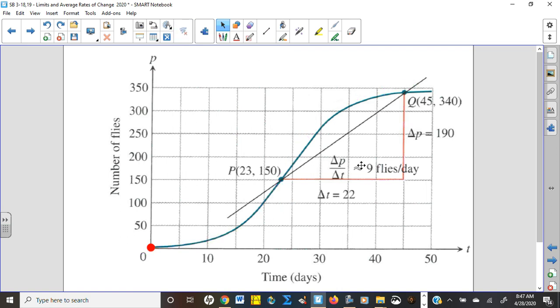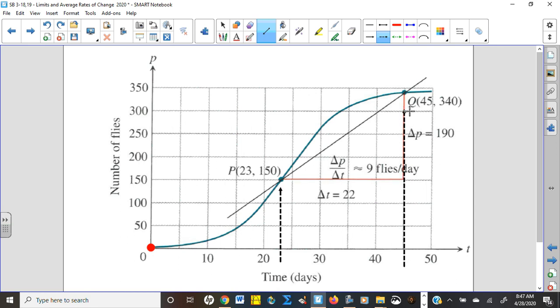Okay, but if you go back and look at the question they asked, which was, what is the average rate of change between the 23rd day of this experiment, so that's this day right here, and the 45th day of the experiment, which is this day right here, there's your average rate of change right there. It's just the slope of that line.